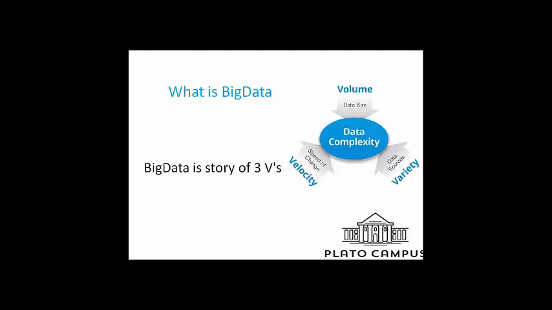In just those 5 seconds, millions of GB of data was transferred over the internet. So volume of data is very high. And velocity, terabytes and petabytes of data were generated and transferred in just 5 seconds. So definitely velocity of data is very high.